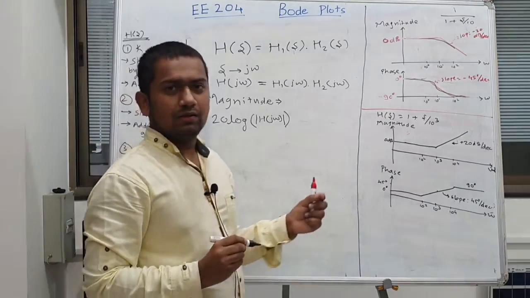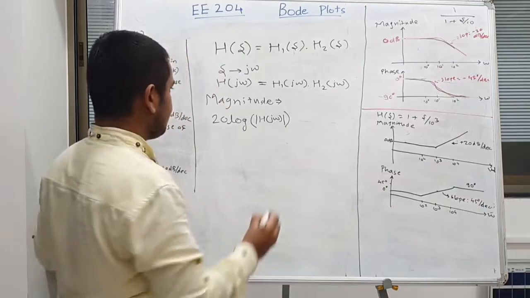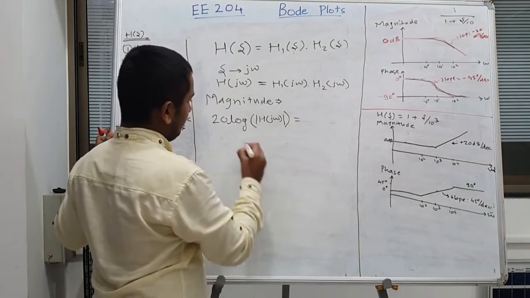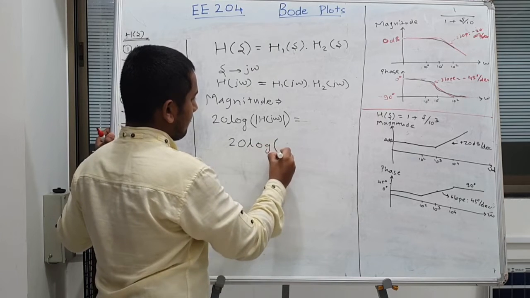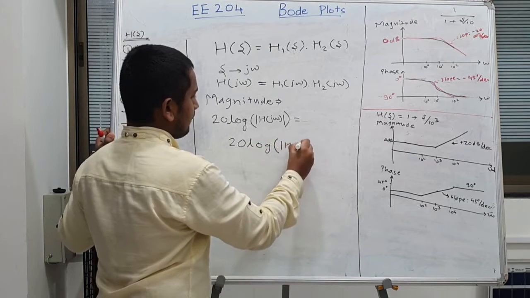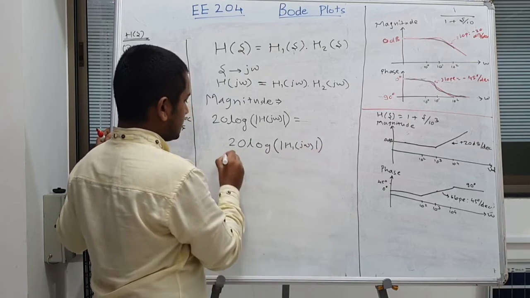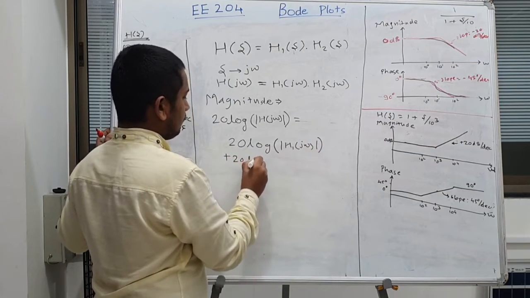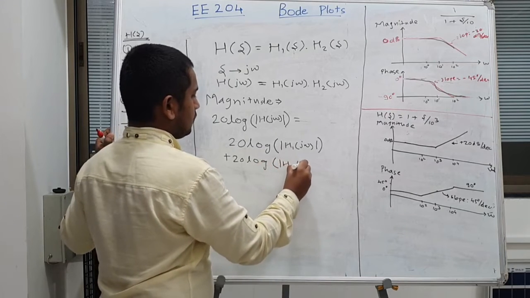We know that log of A into B is log A plus log B. Using that property, we can write it as 20 log of h1 of j omega plus 20 log of h2 of j omega.